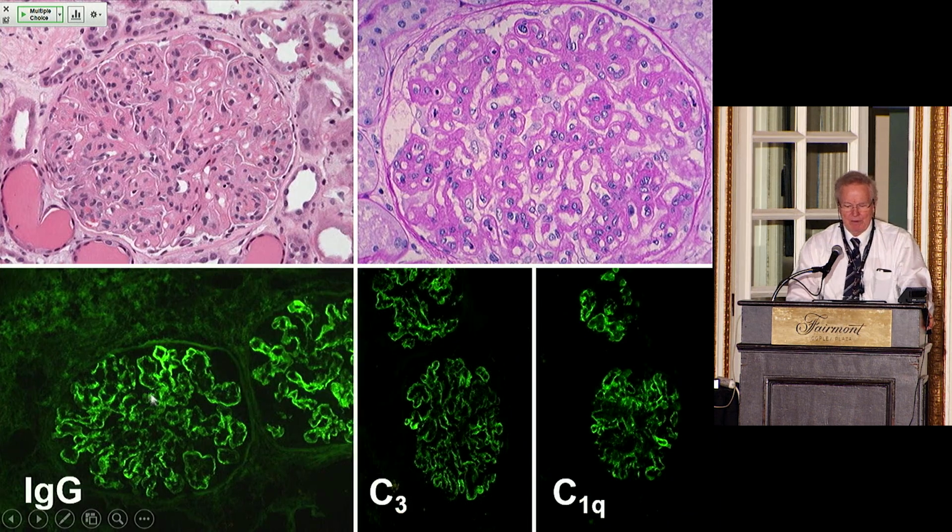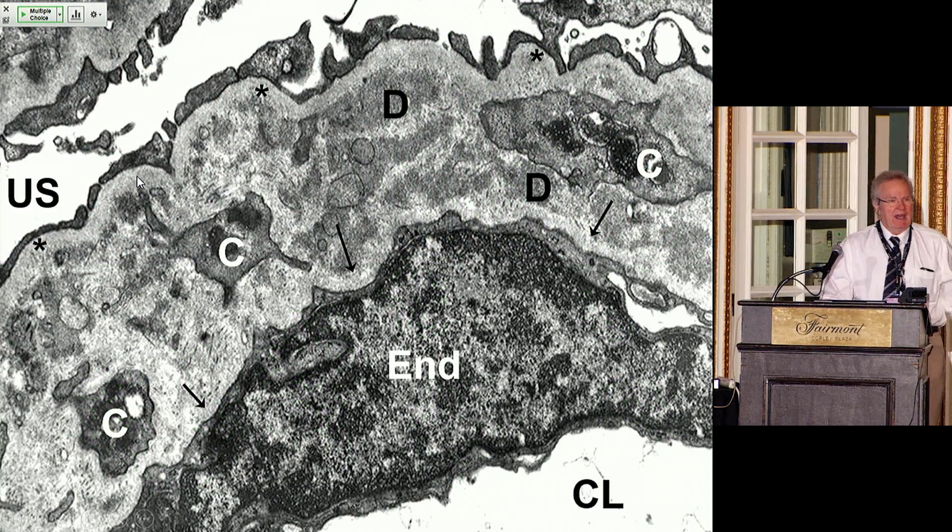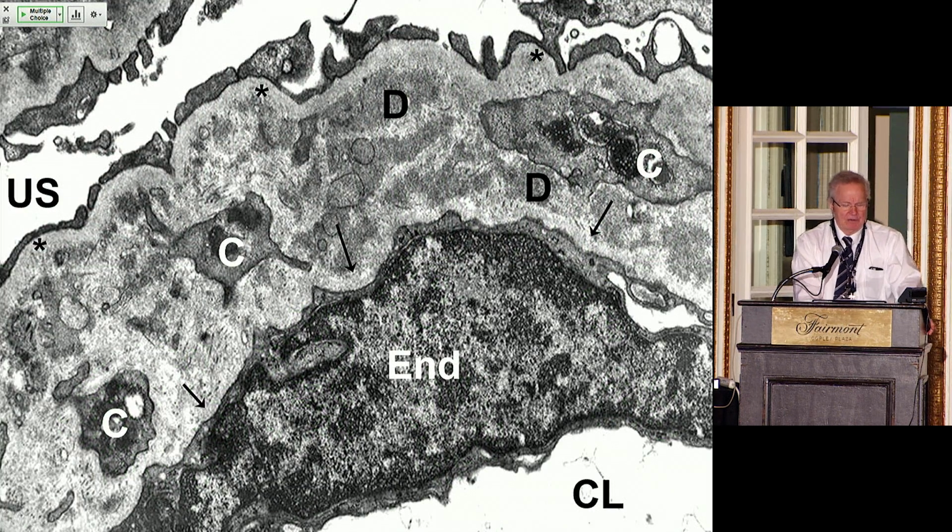And here you have an example of a classic activation of complement, C3 and C1q with IgG, a classic membranoproliferative pattern, double contours with more proliferation seen here, or more inflammation seen here on the H&E. And this patient had a chronic infection. A shunt infection, most likely.